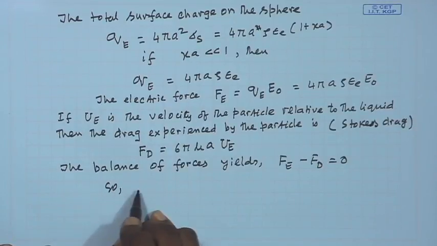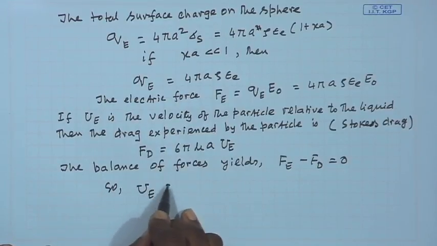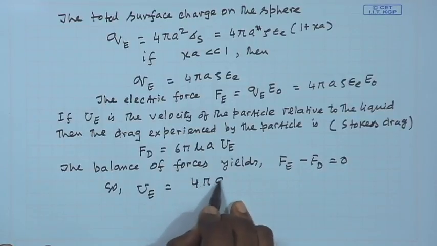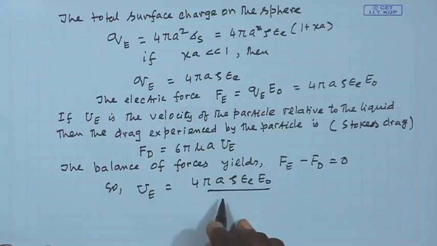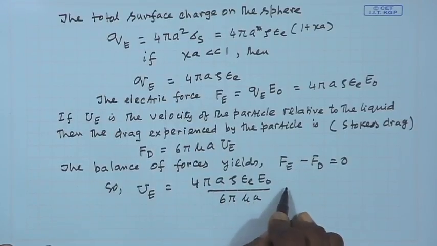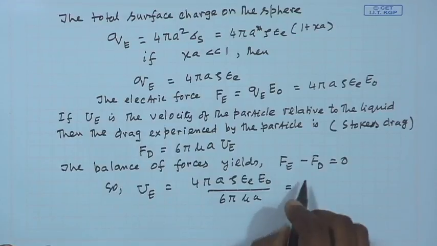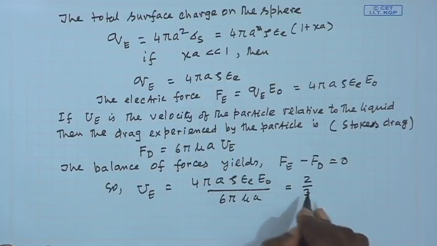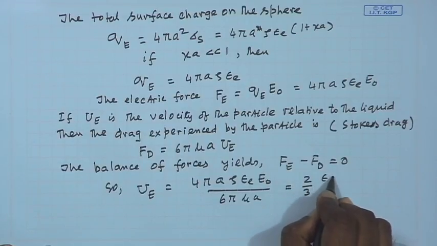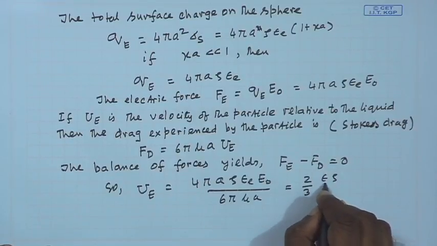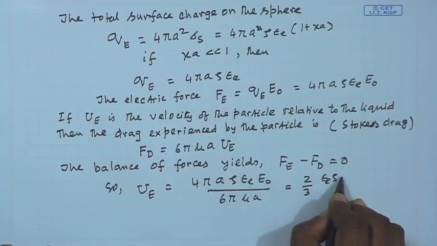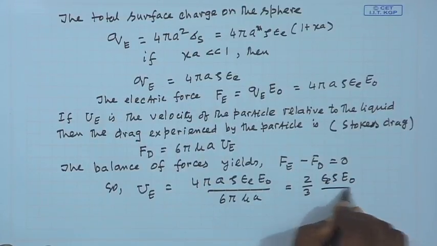So, what I get is u e is basically 4 pi A zeta epsilon E E 0 by 6 pi mu A. So, that means this becomes 2/3 epsilon E zeta E 0 by mu, where epsilon E is the electric permittivity of the fluid.